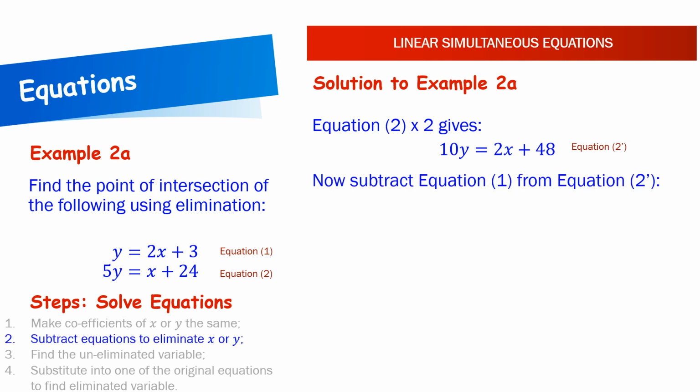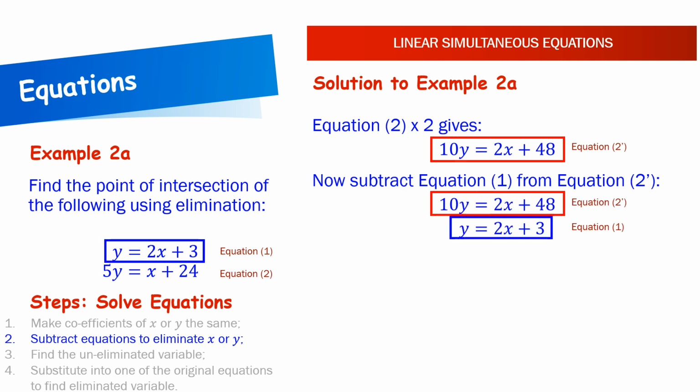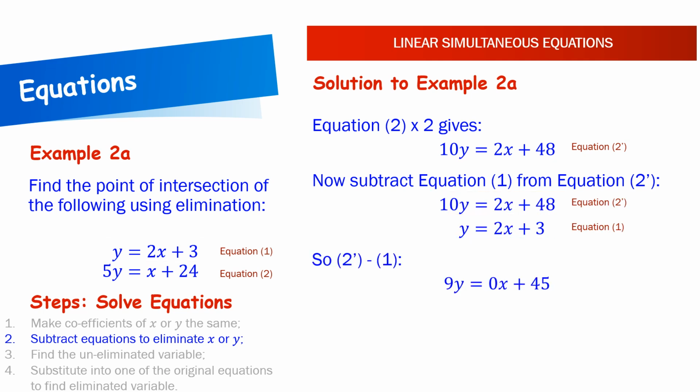Now subtract equation 1 from equation 2' to give 9y equals 0 times x plus 45. 10y minus y equals 9y. 2x minus 2x equals 0x. And 48 minus 3 equals 45.